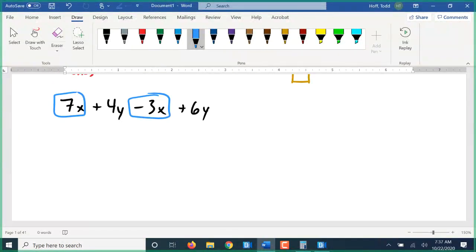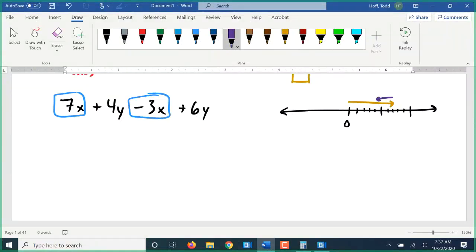Now, if you recall from earlier in the semester, dealing with those integers, the negatives, 7 plus negative 3, looking at the number line, this is 0. Positive 7 goes like that, plus a negative 3 goes like that.